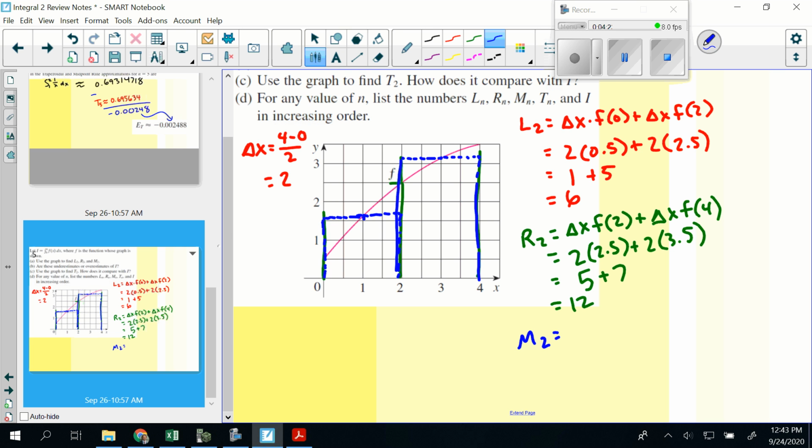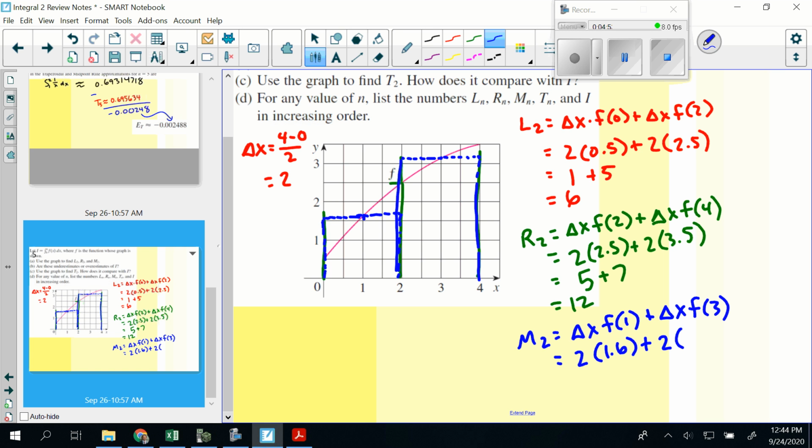Again, change in x hasn't changed at all. We're still using the same one of 2, but now we're using the height at 1 and the height at 3, because those are the midpoints of those two rectangles. So we'd end up with 2 times f of 1. We've got to estimate here what our f of 1 is going to be. It's a little bit over 1.5, so maybe like 1.6 we'll estimate that to be. Here it's 2 again.